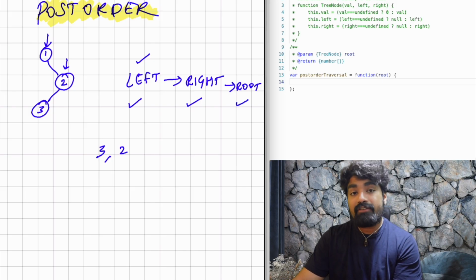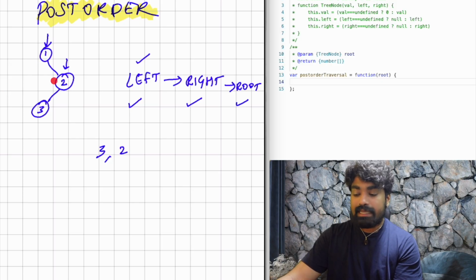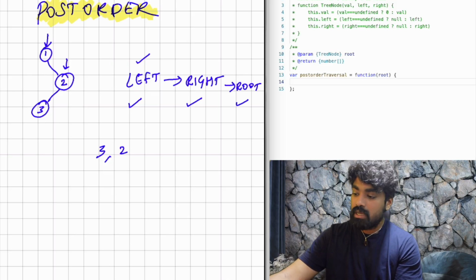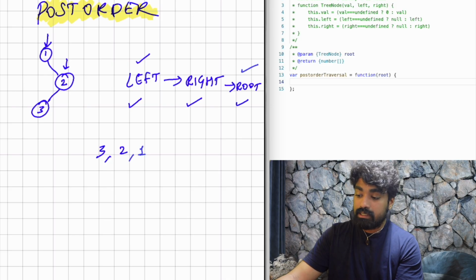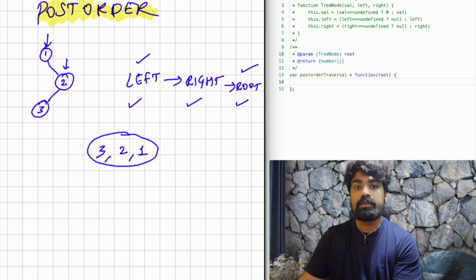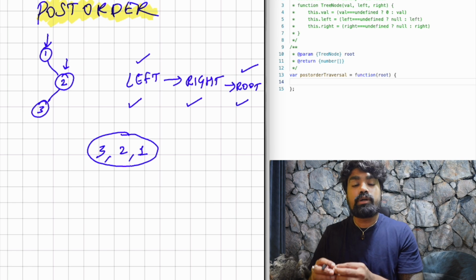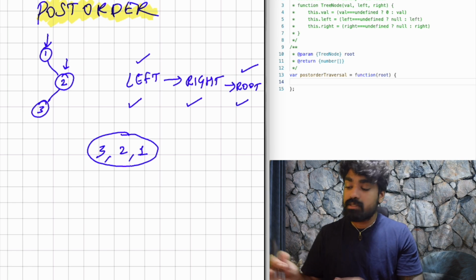Now we have covered the entire right subtree, and the order was first go on the left side for the root node, then you go towards the right subtree, and then you come back to the root. And for this, the order is displayed something like this: 3, 2, 1. And that's how the post-order traversal mechanism works.